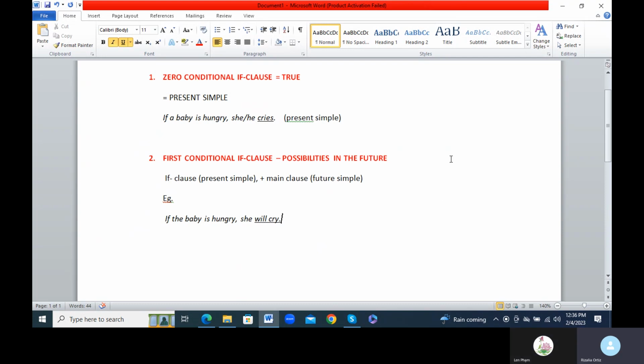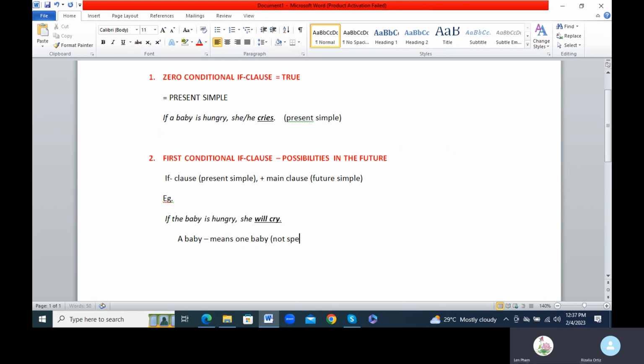So what's the difference, teacher, if we remove the and say if baby is hungry? That is wrong, because a baby means any one baby, not specific, anywhere in the world.